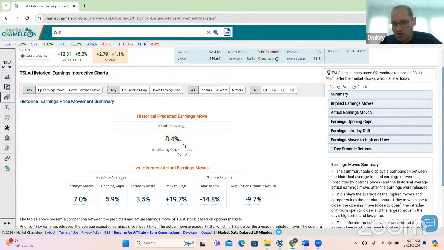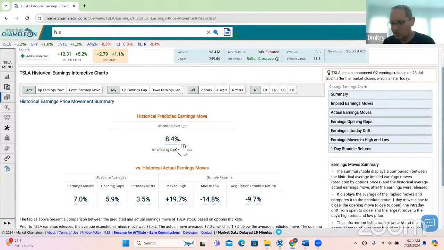So what is a straddle? You're buying a call and a put at the money strike, right? And the stock has to move by a big enough percentage to cover the cost of the call and the put, and then exceed that for it to be profitable.